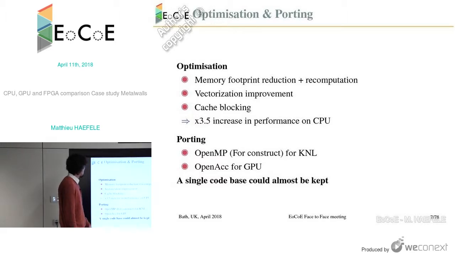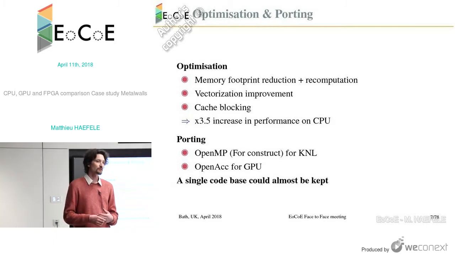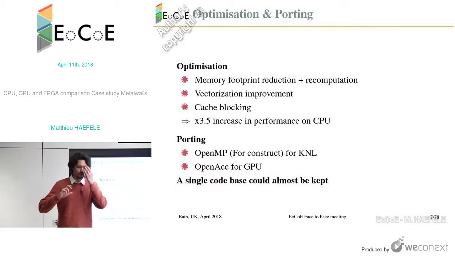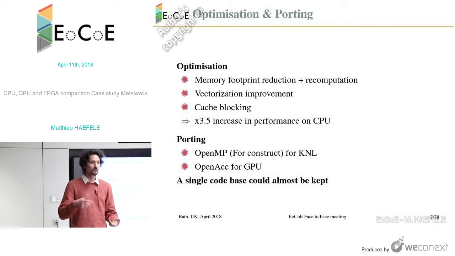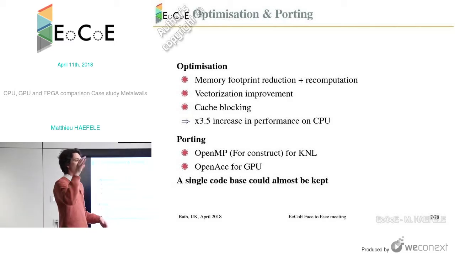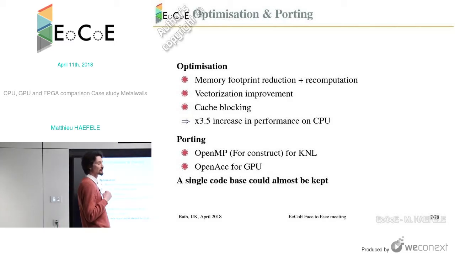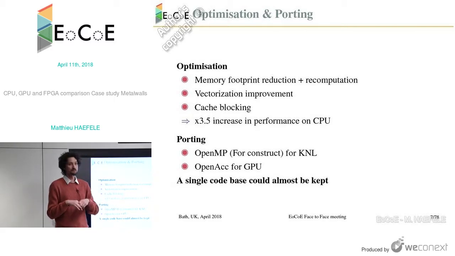Anyhow, we did several things on the code in order to improve the performance. Typically, we did some memory footprint reduction. Instead of computing some quantities once, storing them, and accessing them several times, the idea was to not store them, to reduce the memory used, and to recompute this kind of data on the fly several times.